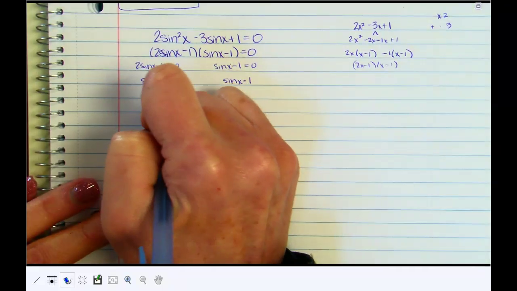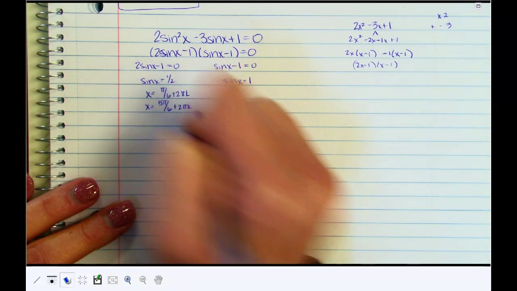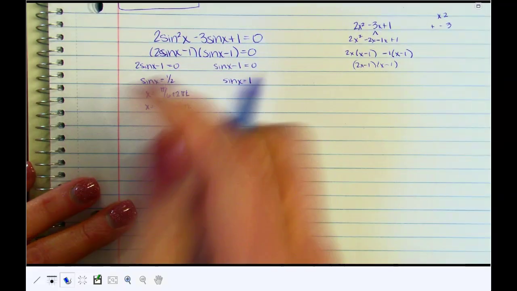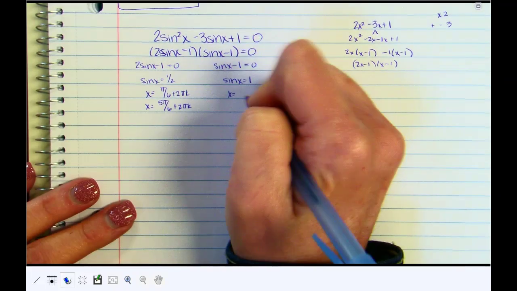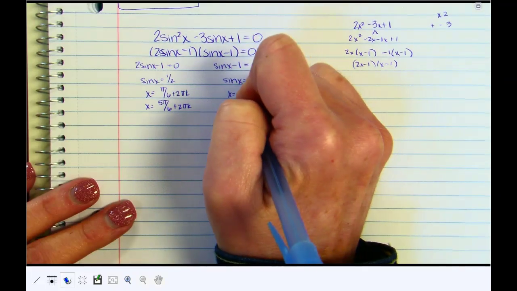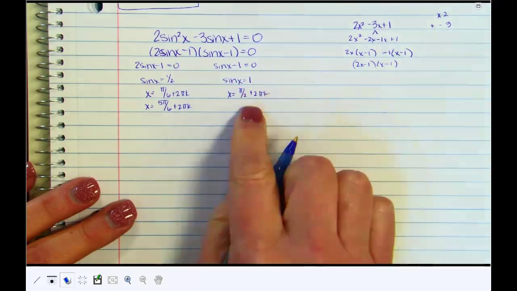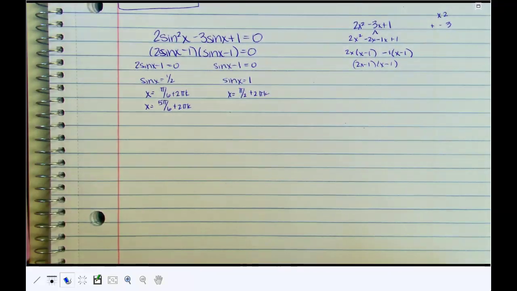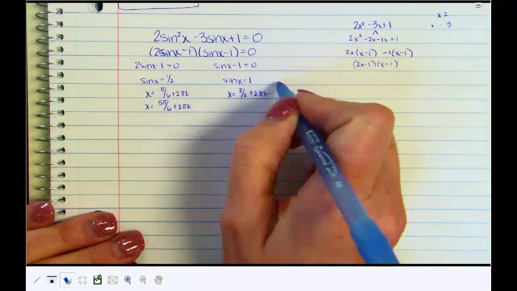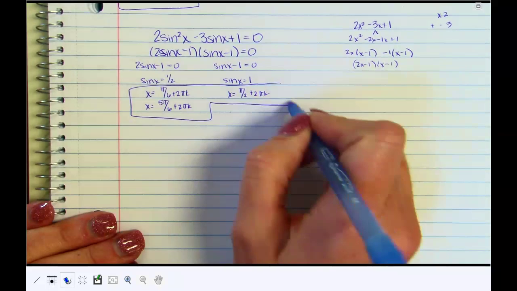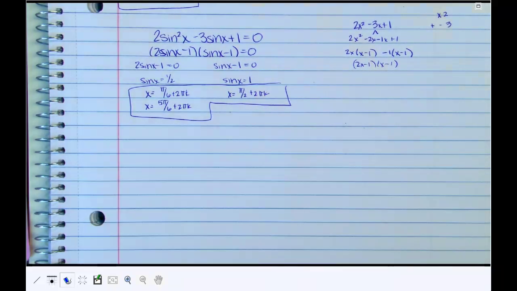Yep, 5 pi over 6 plus 2 pi k. And then sine x equals 1 would be what? Yeah, pi over 2 plus 2 pi k. If you do pi minus pi over 2, what do you get? Same thing, so don't write it down. There you go. 3 answers on that one.